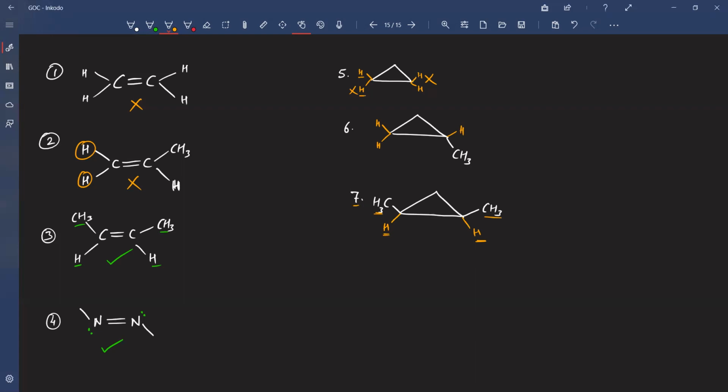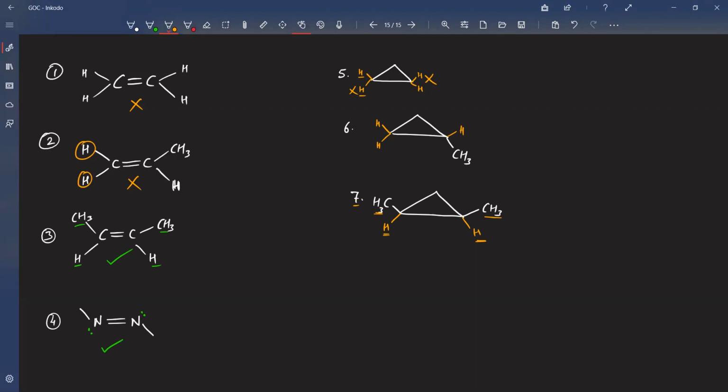Now, there are various other cases or reactions in which you will find geometrical isomerism. We will see that later. Now, how to name them, or how to identify two different orientations?